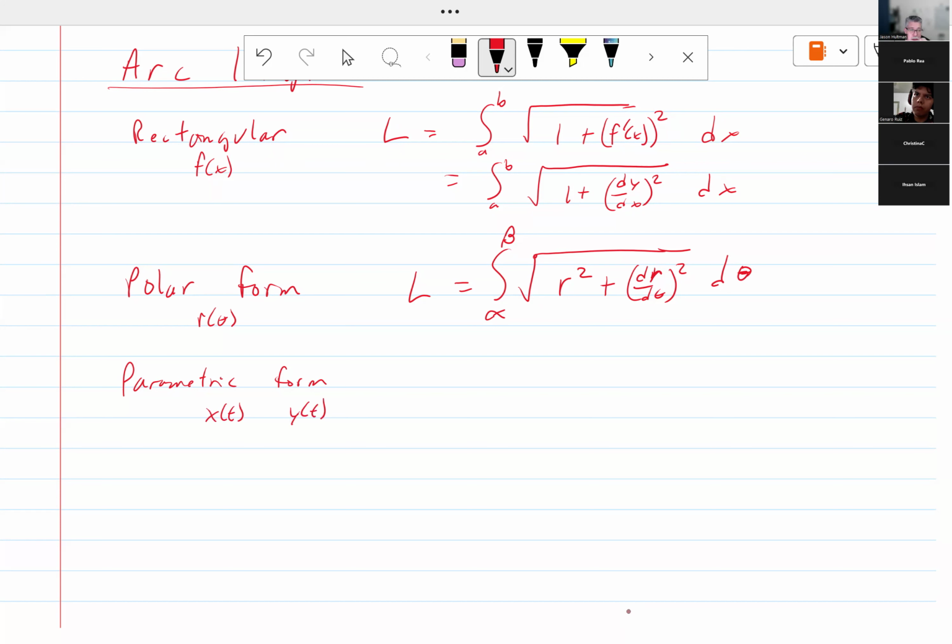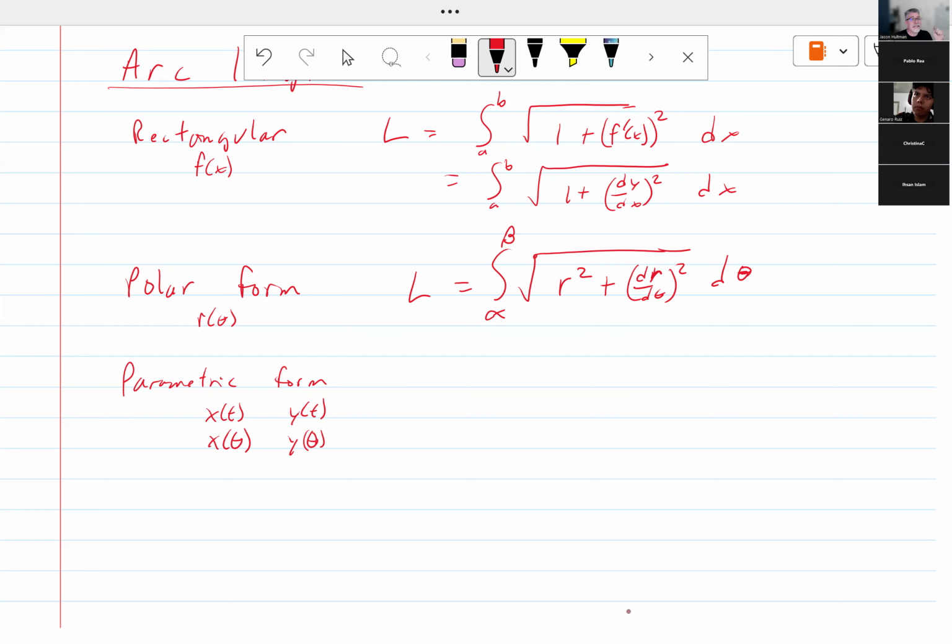However, we could also have x of theta, y of theta. So just because a theta shows up doesn't mean that it's polar. Okay, this is very important. Just because you see a theta doesn't mean that it's in polar form.